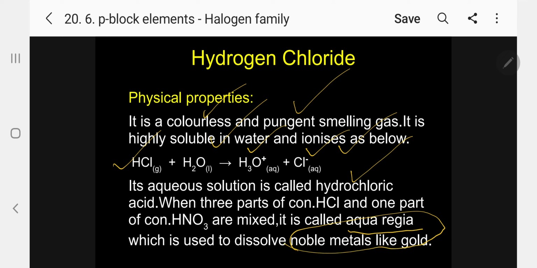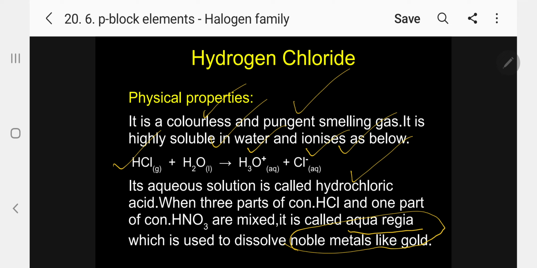Gold is normally chemically inert. Concentrated sulfuric acid, concentrated nitric acid, HCl, if you add separately, it will not dissolve. But in the presence of aqua regia, it will dissolve.